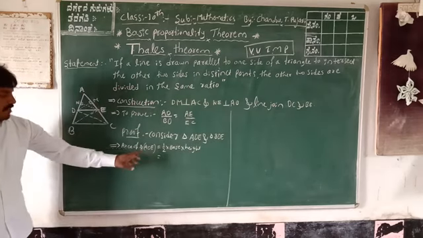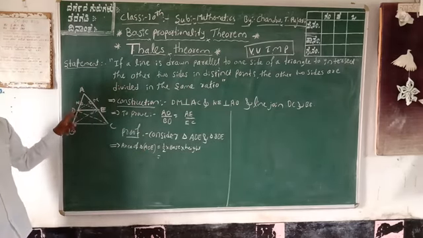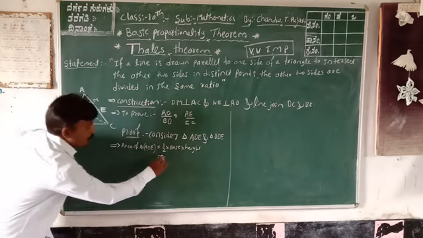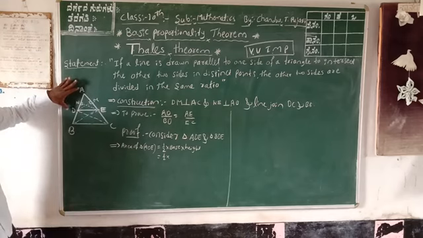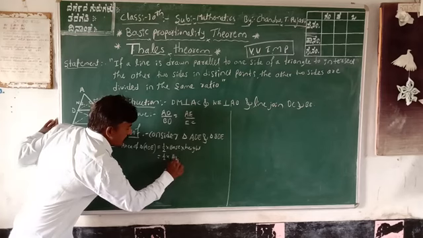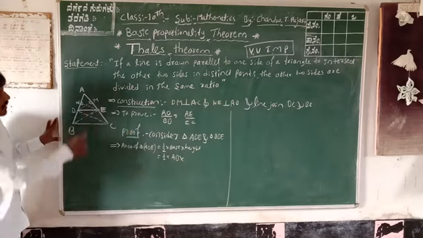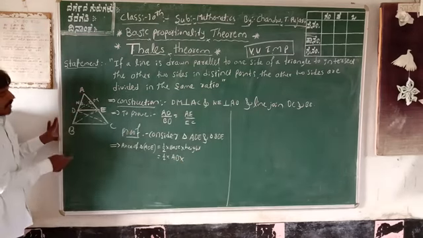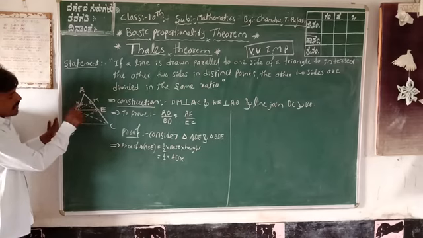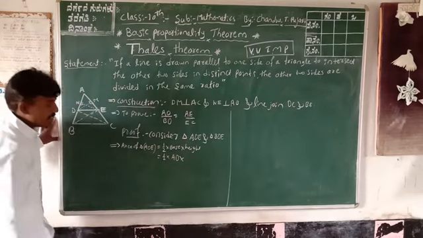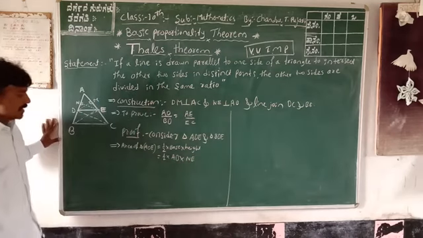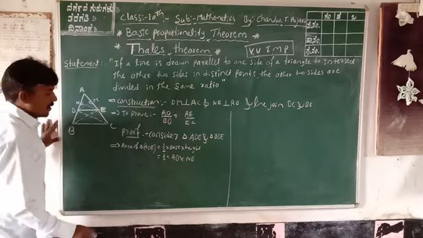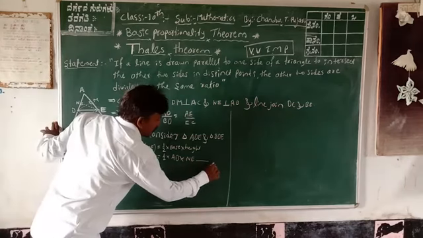In this triangle ADE, the base is AD, and the height is NE, the perpendicular height. Therefore, this is equation 1.